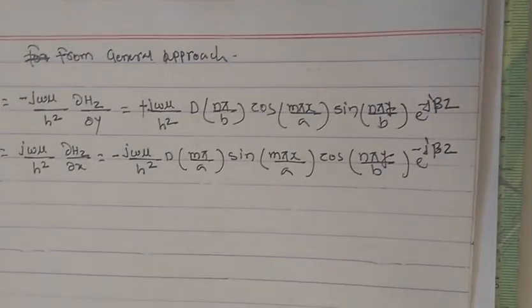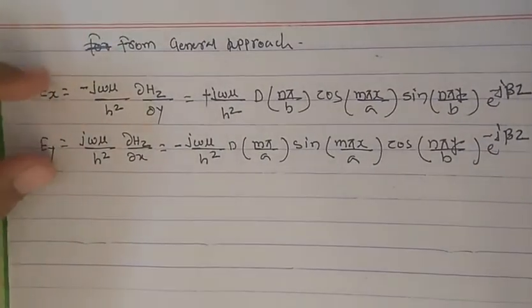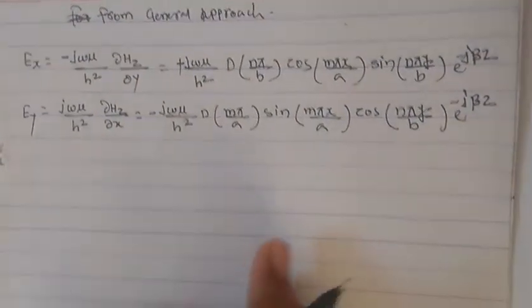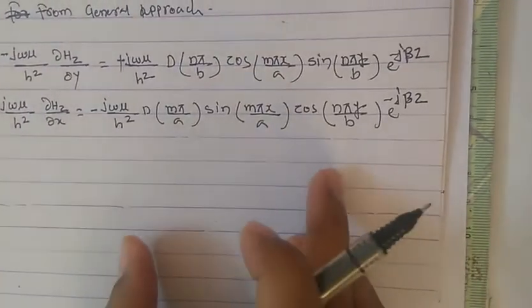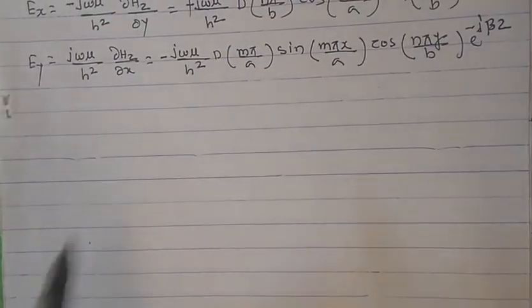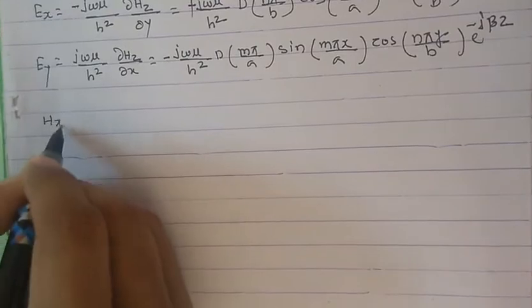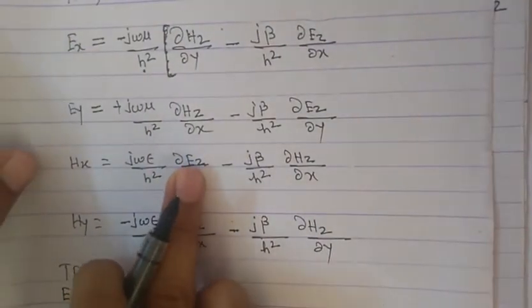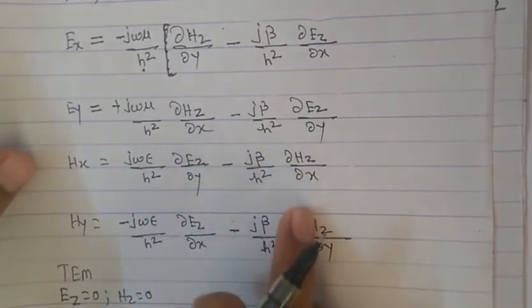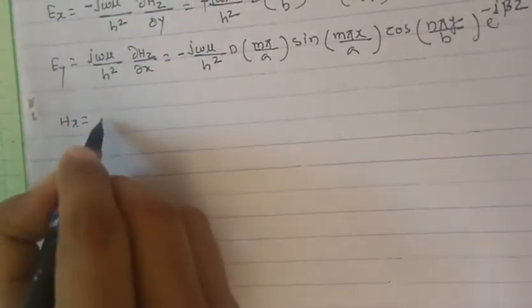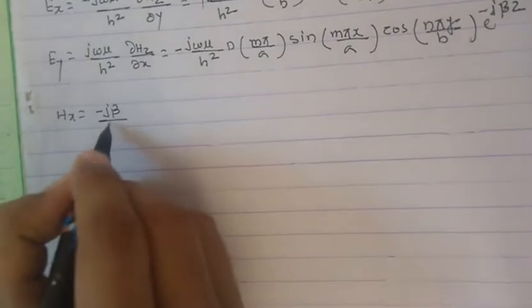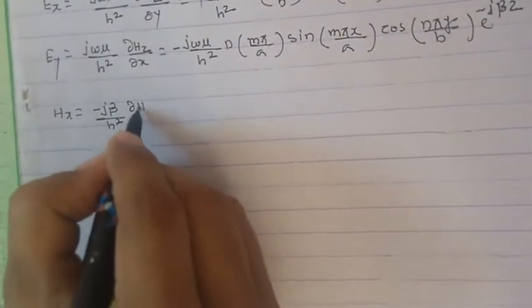So if you can write for Ex and Ey, now there will be no doubt to write for Hx and Hy. So quickly we'll do that. Hx from the general approach, now Ez will be 0, so minus j beta upon h square del Hz by del x.